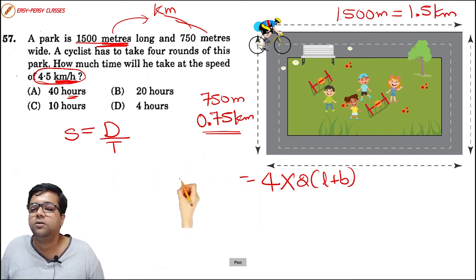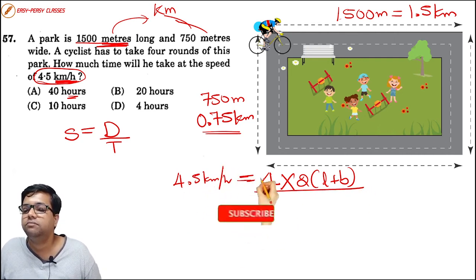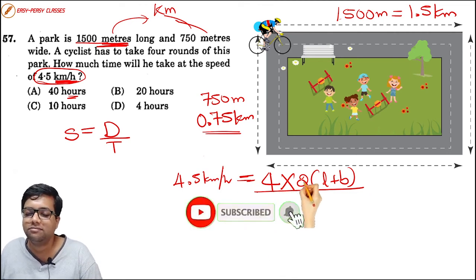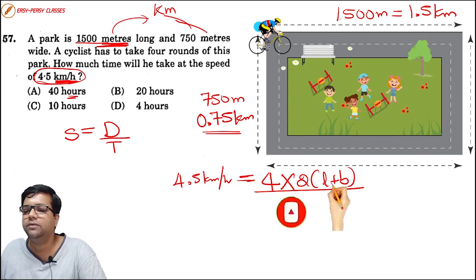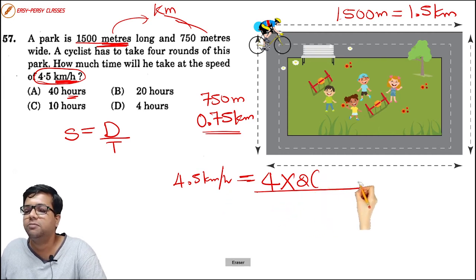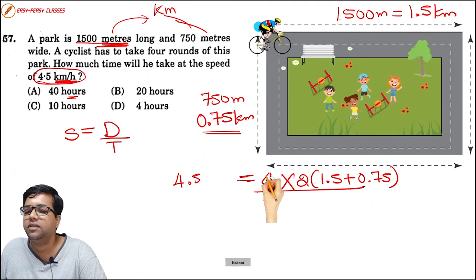Speed is equal to 4.5 kilometer per hour is equal to 4 into 2 into length plus breadth. You know, length is 1.5 kilometer plus breadth is 0.75 kilometers. I'm taking out the units here.